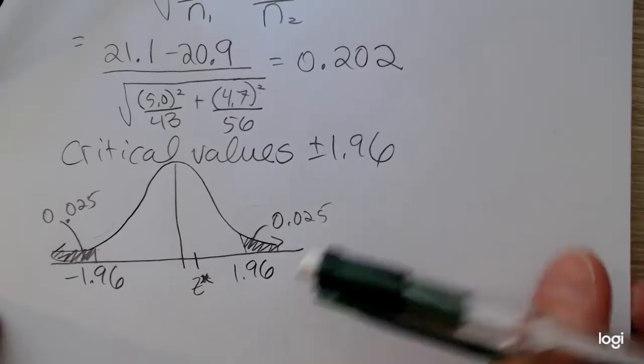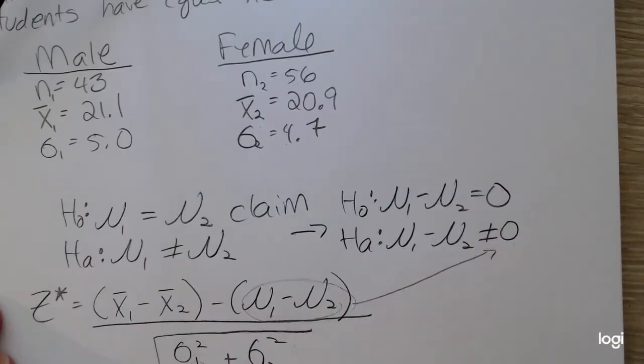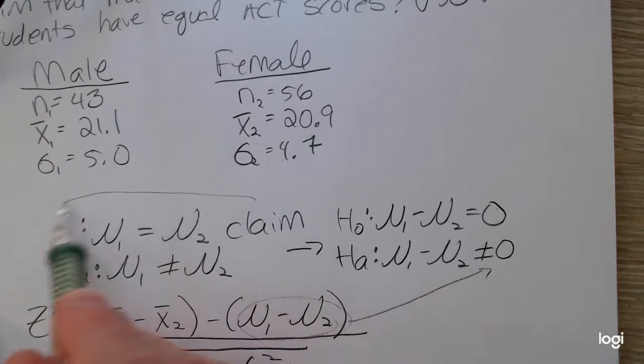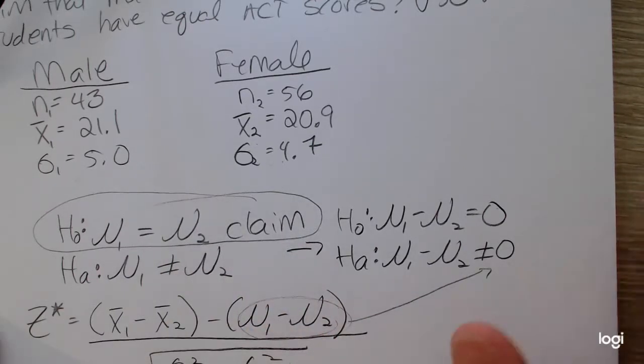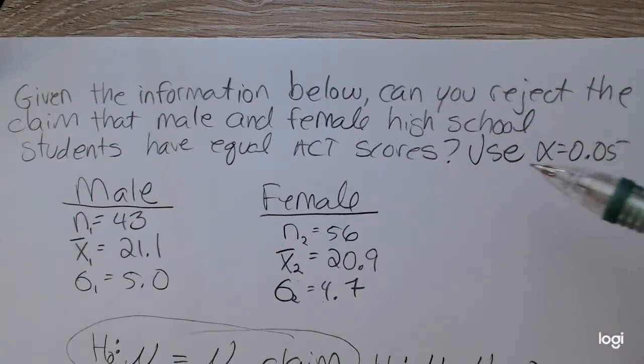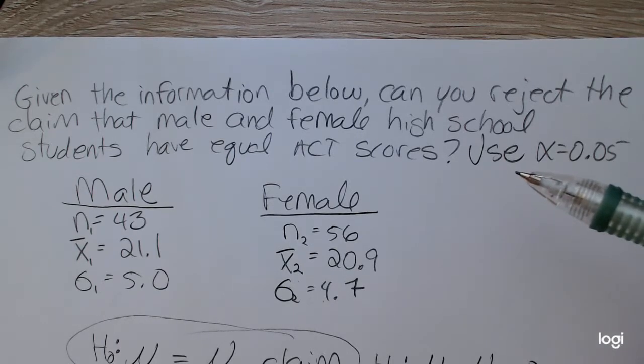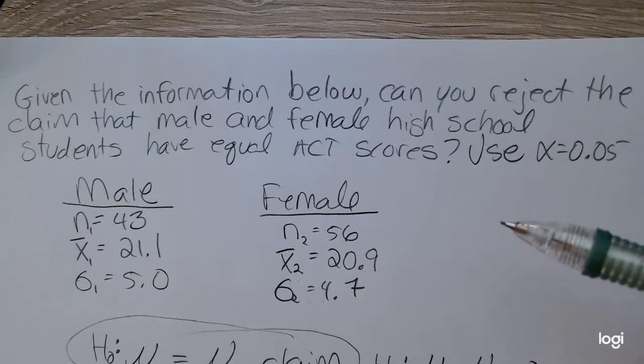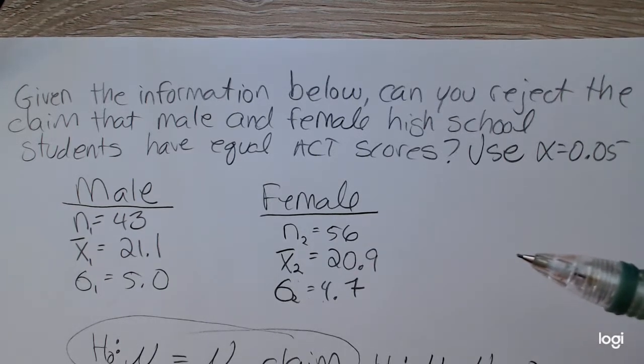So the decision will be to fail to reject the null hypothesis. So to answer the question, can you reject the claim that male and female high school students have equal ACT scores? There is insufficient evidence, or there is not enough evidence to reject that claim.